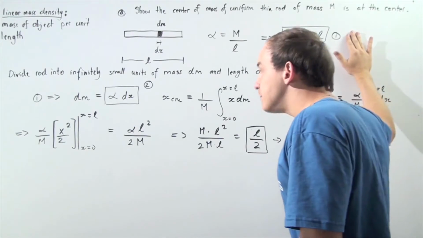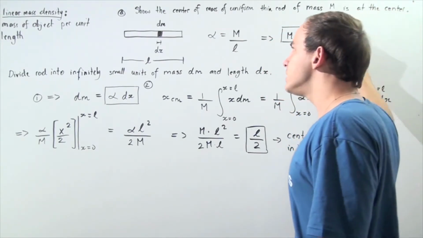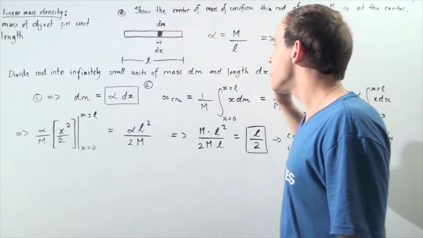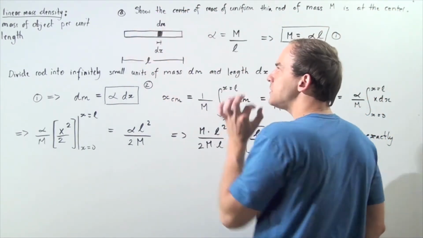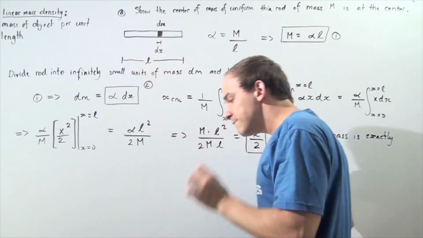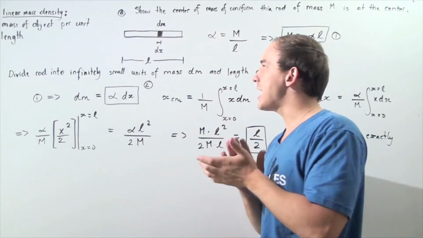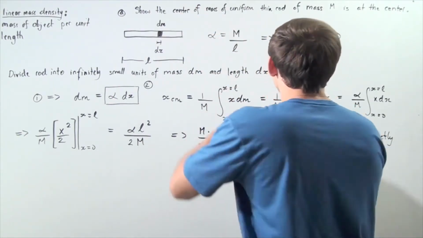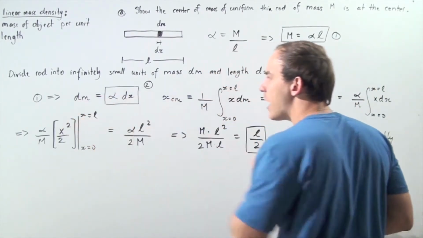So let's begin by dividing our rod into infinitely small units of mass dm and length dx. So here's one specific unit, one specific length. It has length, infinitely small change in x, and mass, infinitely small change in mass. Now from equation 1 we can deduce the following equation.